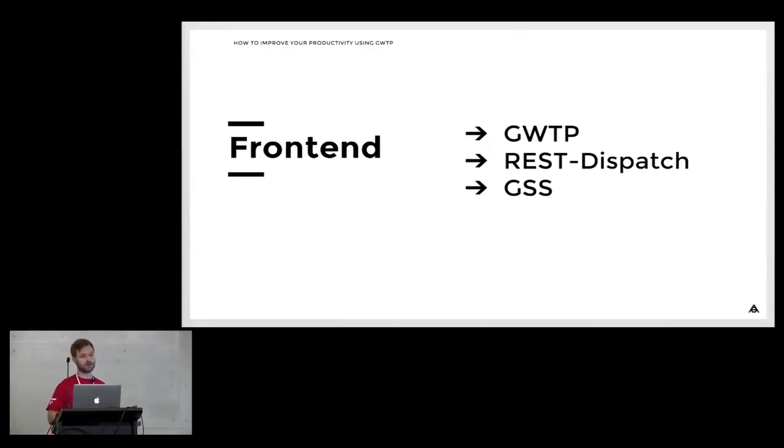So going down that road, we decided to do our own implementation of JAX-RS, which is now REST dispatch, which uses almost the same syntax as RPC dispatch so that the current users of RPC can migrate to it, and which doesn't use any of those action and result classes that we were using for RPC. So we completely removed one of the hassles of using RPC through the dispatcher. And then another tool that we've been using since the early beginning of the implementation in GWTP is GSS.